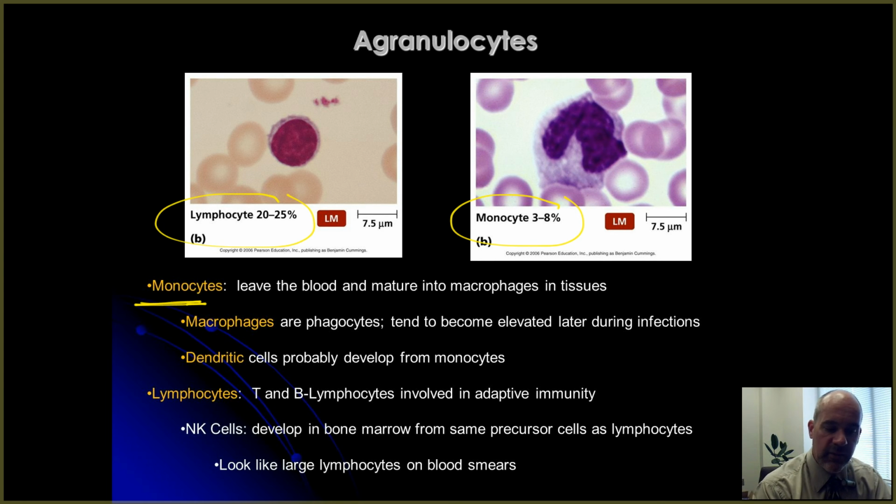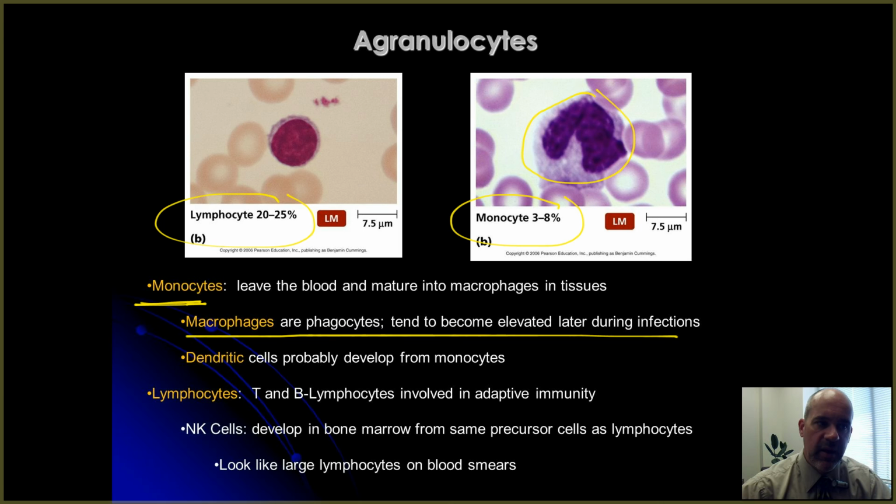In the blood, these cells look like this, and they're called monocytes. When they get out of the blood and into your tissues, they become cells called macrophages that wander around and are very good at doing phagocytosis. So as a rule of thumb, the neutrophils swarm in first when you have an infection, because they're the most abundant in the bloodstream.